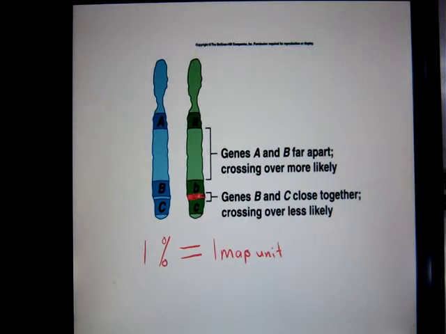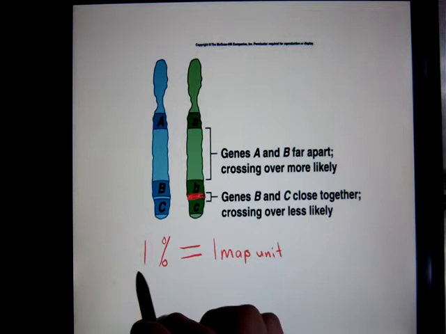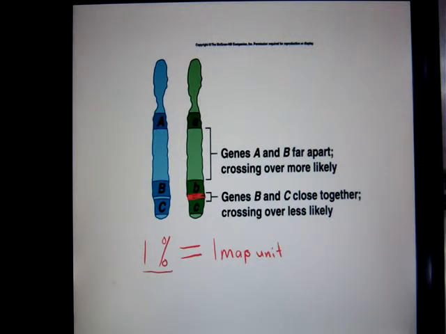So we use map units to talk about distances on chromosomes, not meters. And it just so happens that for every 1% crossover we see in the offspring, that equals 1 map unit. So if I do a cross and I see that 15% of the offspring are because of crossing over, I know those genes are 15 map units apart. Or 25% crossovers means 25 map units apart.